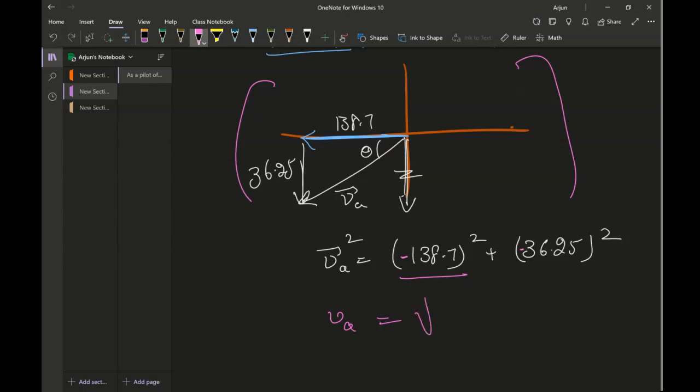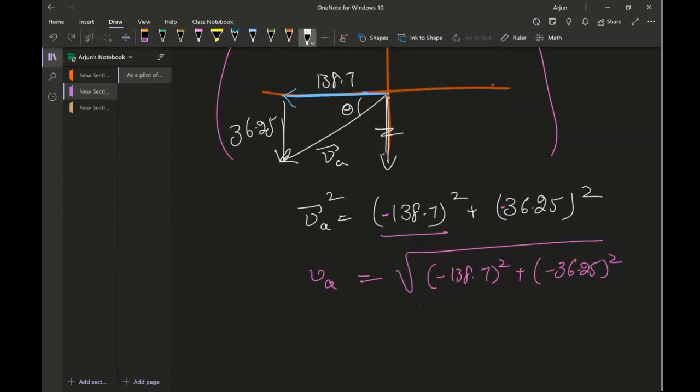So if you solve this, negative 138.7 square plus negative 36.25 square, that's going to give you the final resultant value. VA comes out to be 143 approximately kilometers per hour. And I can find out the angle theta also. So that is tangent theta equal to opposite upon adjacent.